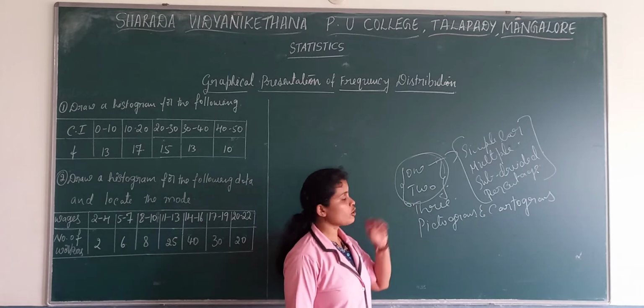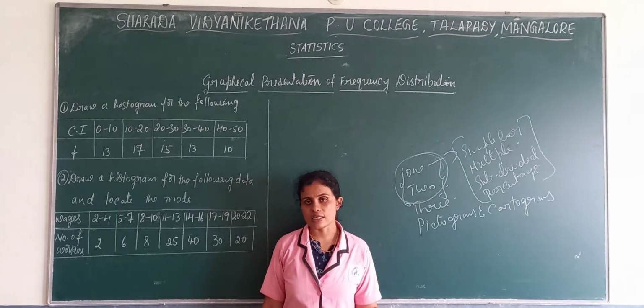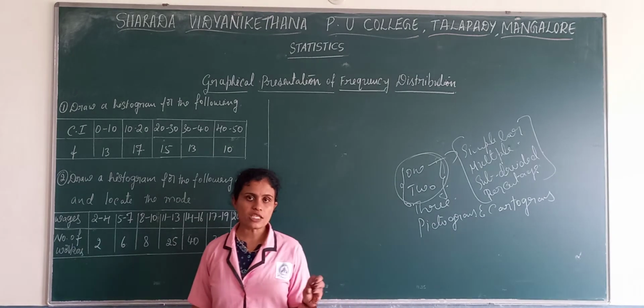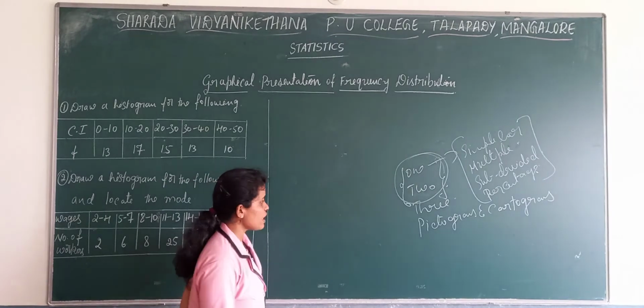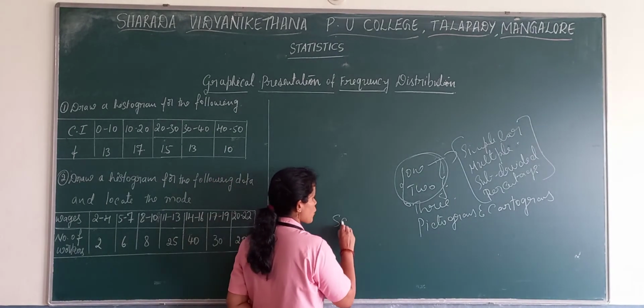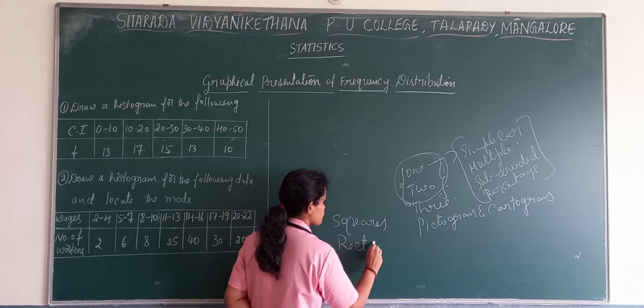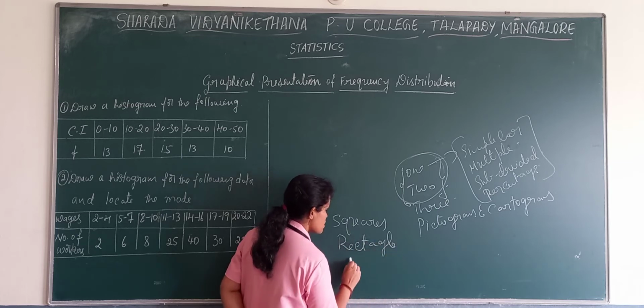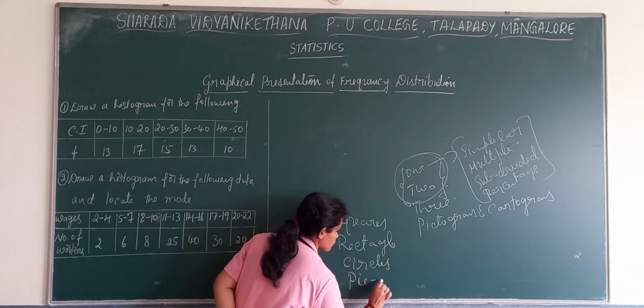Then we move towards the two-dimensional diagrams, where two dimensions are considered, that is length as well as width. In two-dimensional diagrams, there are a variety: squares, rectangles, circles, then the pie diagram.